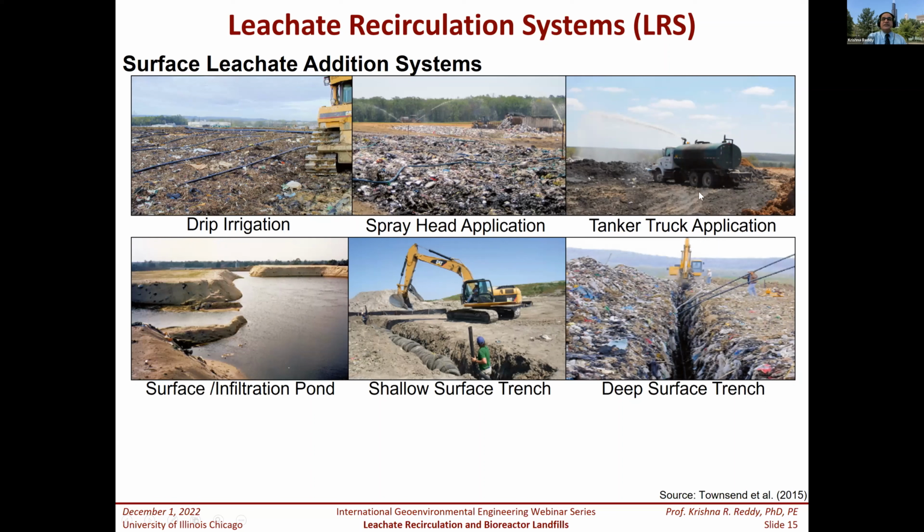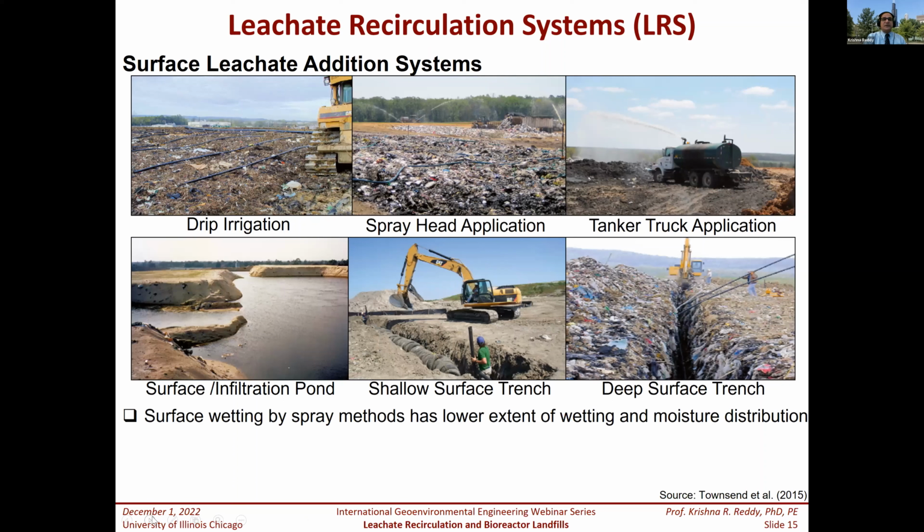Tanker truck application: you dispose the waste, and then the tanker truck brings the leachate and puts it on the waste that is just placed. Other options are surface infiltration ponds, which are not commonly used, but you can also have a shallow surface trench or deep surface trench. Out of all these, tanker truck or spray application are practical ways to add leachate as you are placing the waste.